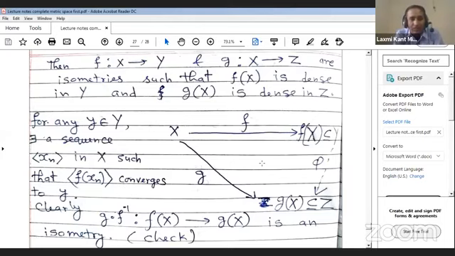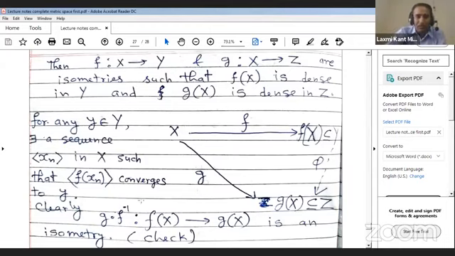Since f is an isometry from X to Y, f is a bijective isometry from X to f(X), so its inverse exists. So f inverse is also a bijective isometry from f(X) to X. And similarly, g is also a bijective isometry from X to g(X). A composition of two bijective isometries is again a bijective isometry, so we can check it.